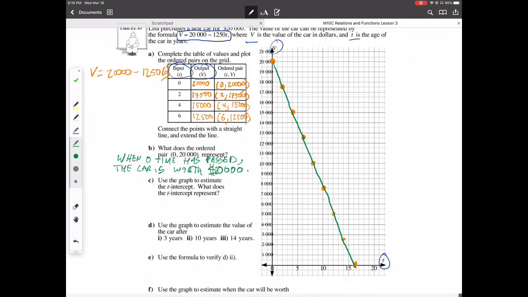If I'm using the graph to estimate the t-intercept, well, the t-intercept that I can see here down at this point looks like it is 16. It represents that after 16 years, the car has no value.